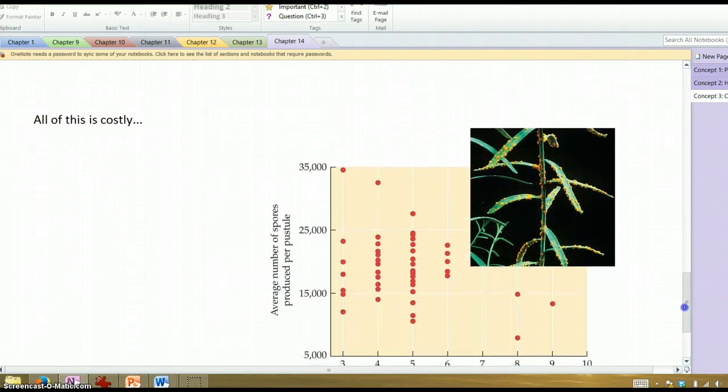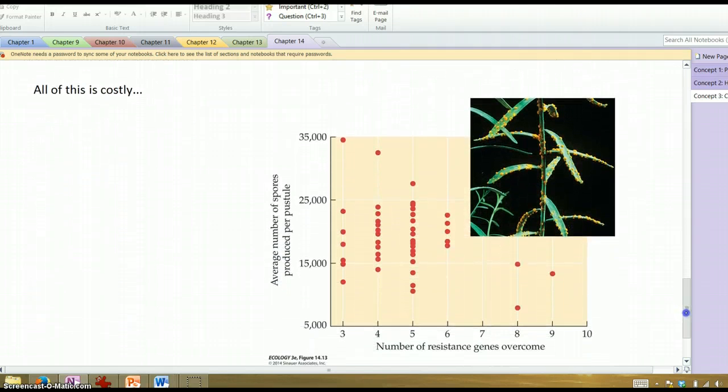Now, all of this competition, if you will, or conflict between hosts and parasites is costly. That is, when some adaptation is developed that gives you an advantage in terms of battling off a parasite, or if you're a parasite taking advantage of a host, these things often have costs because of these things we've talked about, trade-offs.